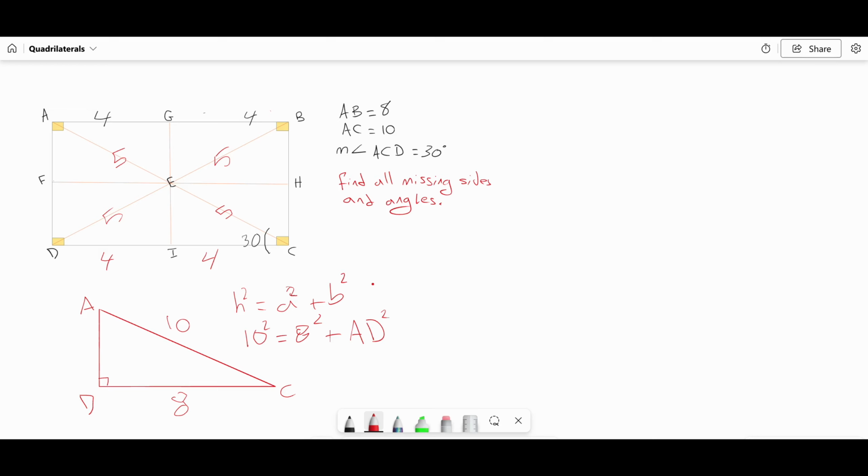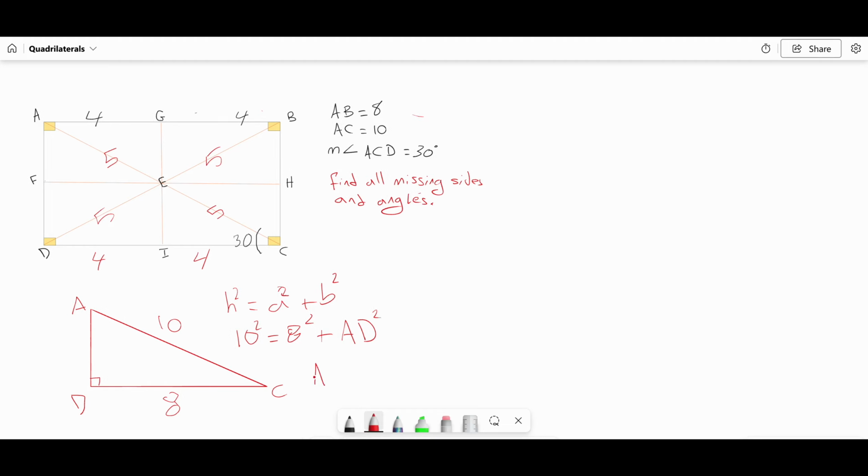So let's do this operation: AD to the power of 2 is equal to 10 to the power of 2 minus 8 to the power of 2. So AD to the power of 2 is equal to 36. Now let's square root both sides, and we have that AD is equal to 6.